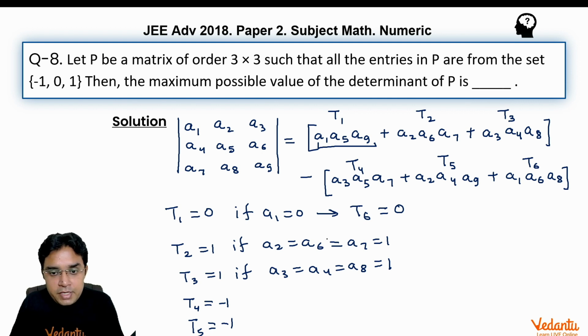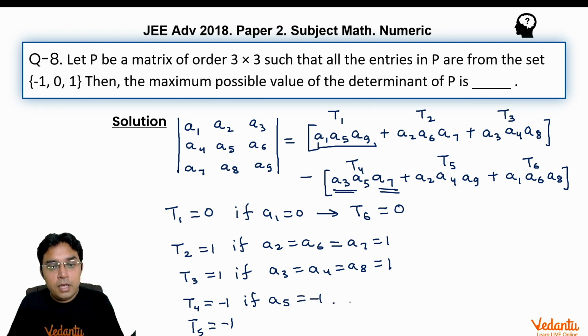Now if these 6 elements are 1, to make T4 equal to minus 1, please see, I have already set A3 as 1. I have already set A7 as 1. So if I take A5 as minus 1, T4 will become equal to minus 1.